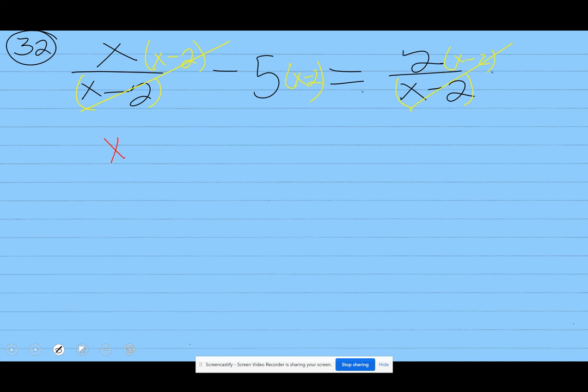I have an x. I have a minus 5 parentheses x minus 2 equal 2. I have to solve this. This is a regular solve. So I have an x minus 5x plus 10 equal 2.